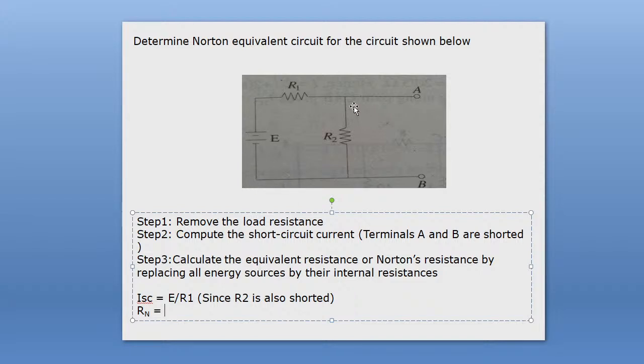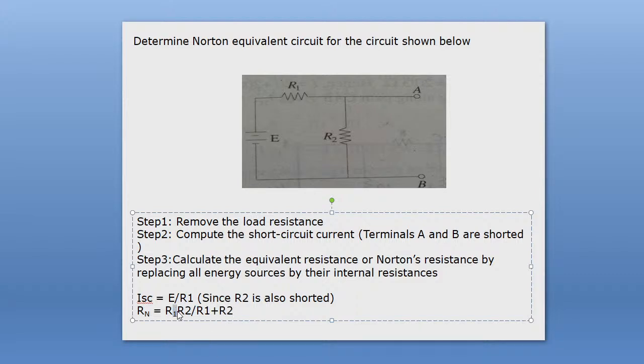Therefore you will get a circuit having two resistances R1 and R2 in a parallel connection, therefore we can write Rn equal to R1 into R2 divided by R1 plus R2, okay everyone.